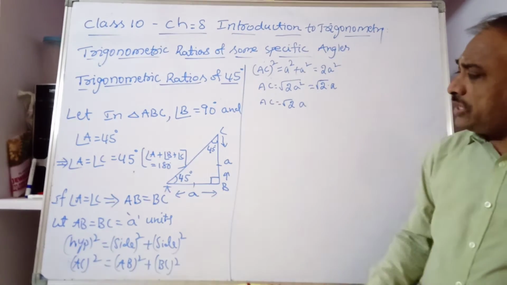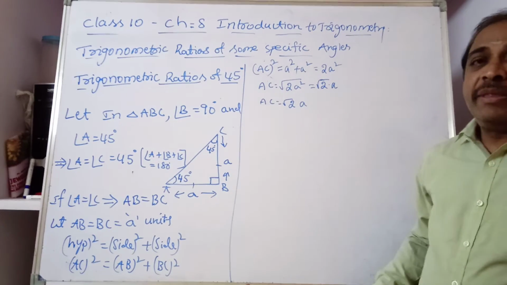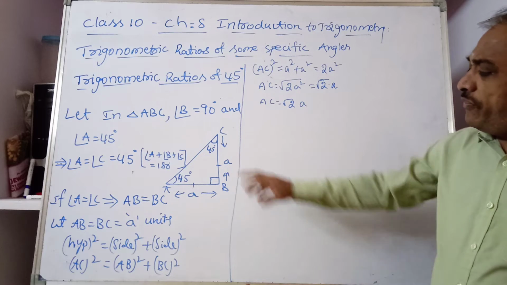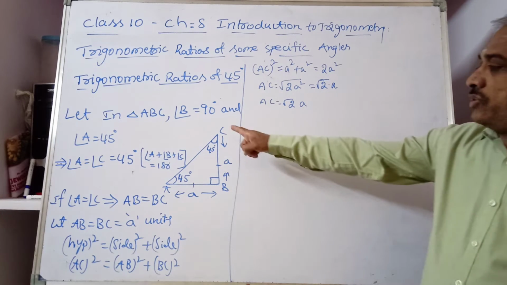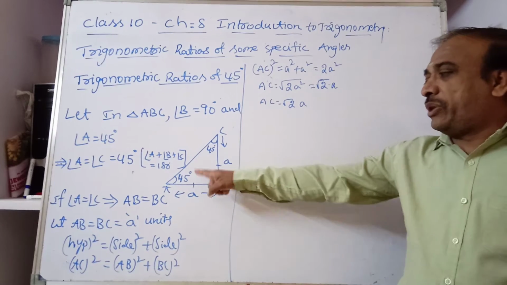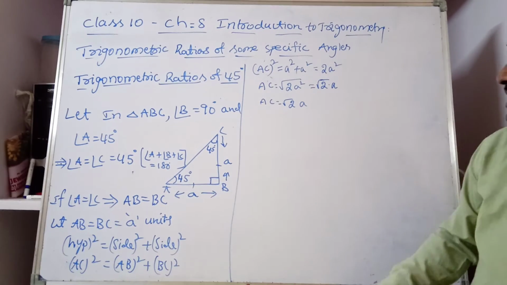Now, what is the heading? Trigonometric ratios of 45 degrees. Wherever you take, either with respect to C, this is also 45, or with respect to A also 45. This is an acute angle.